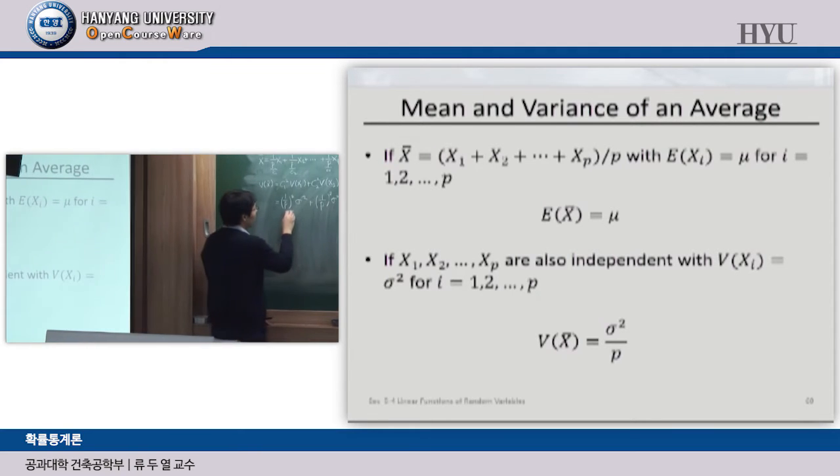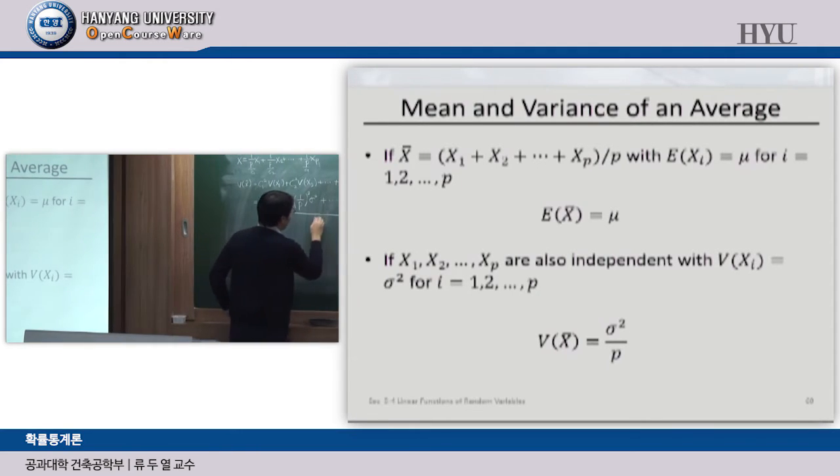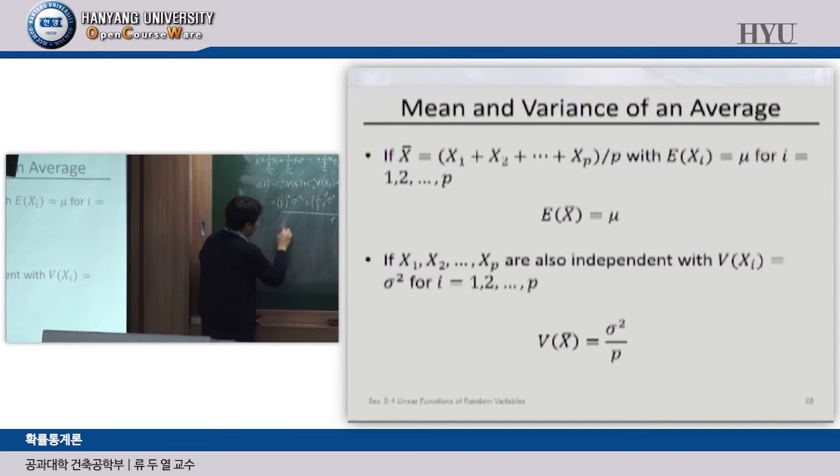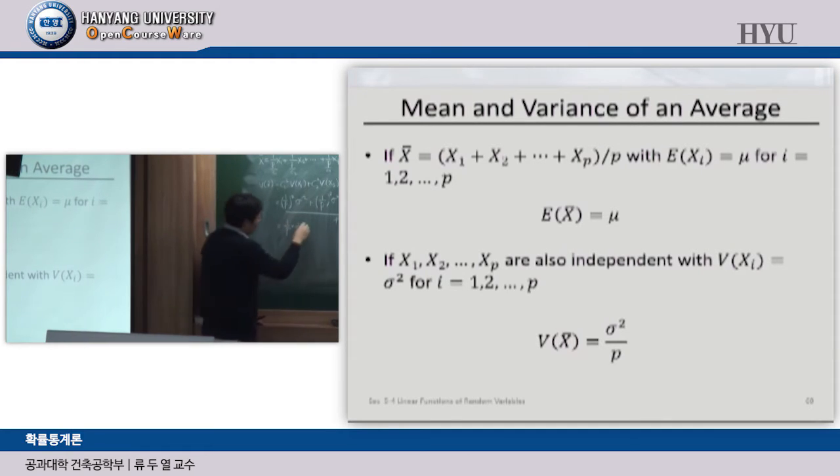So the number of these terms is also p. So 1 over p square times sigma square times p. P can be eliminated here, so the final answer is sigma square over p.